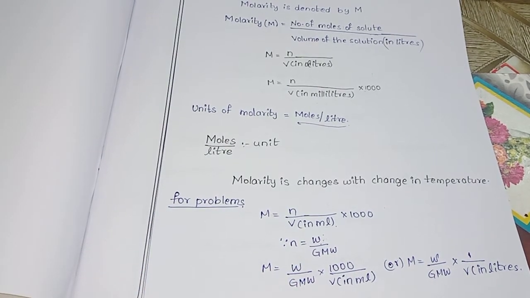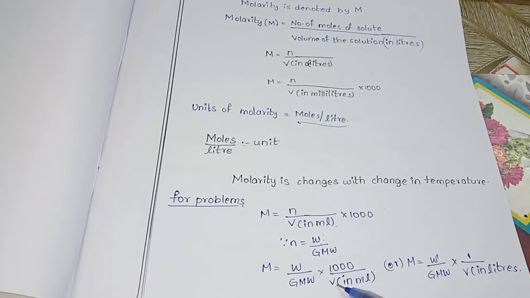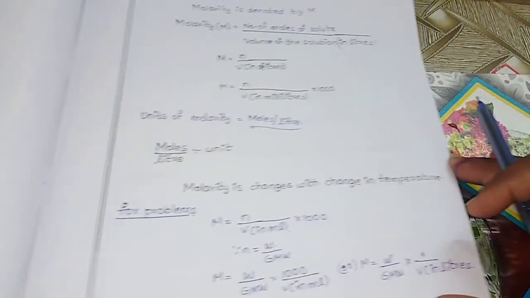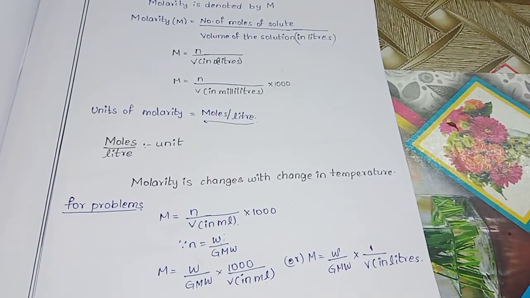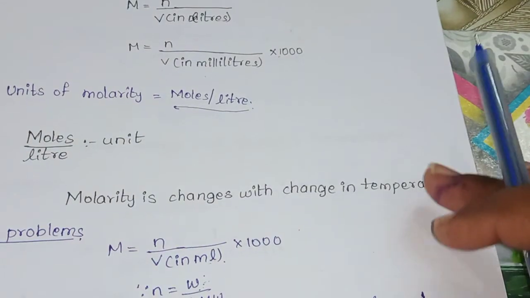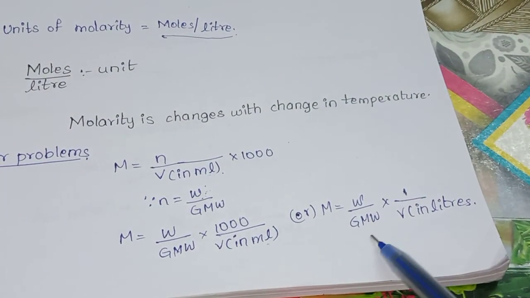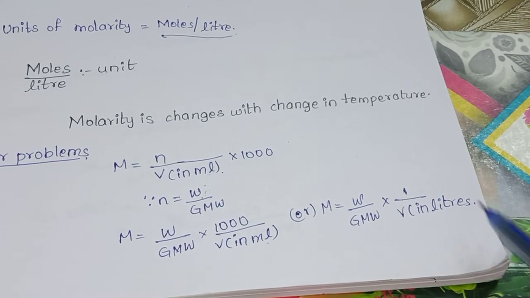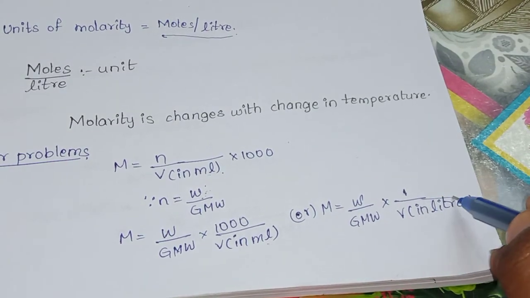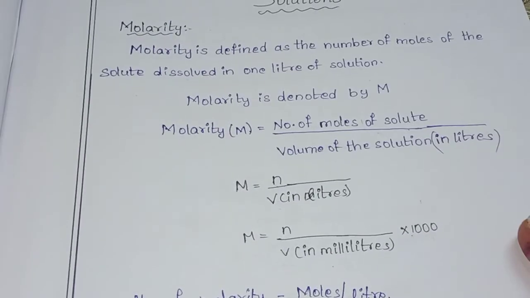M is equal to W by GMW into 1000 by V in milliliters, or M is equal to W by GMW into 1 by V in liters. These are the formulas we use in molarity.